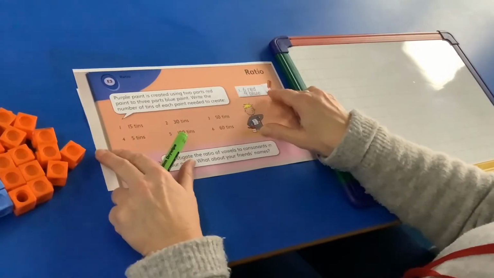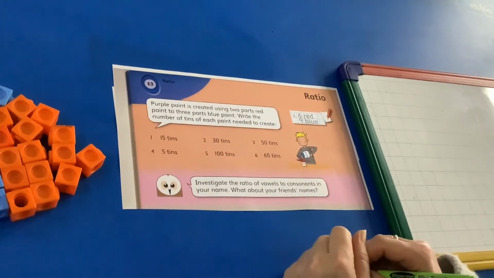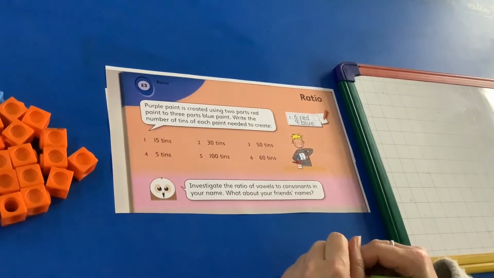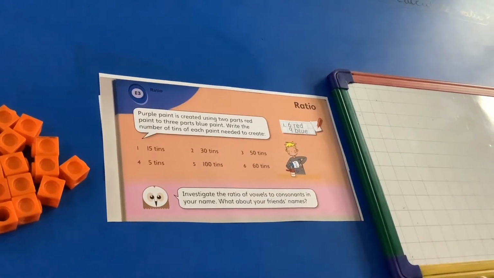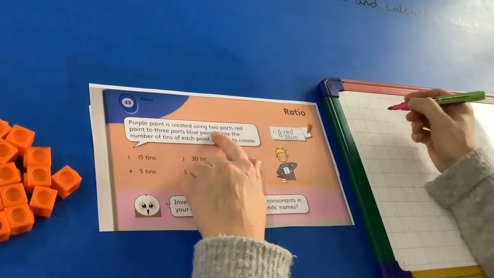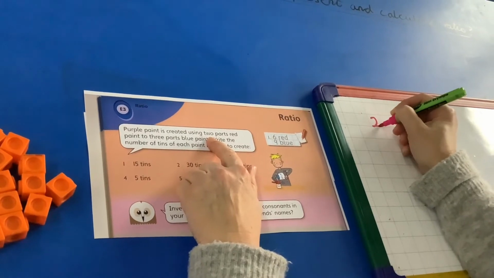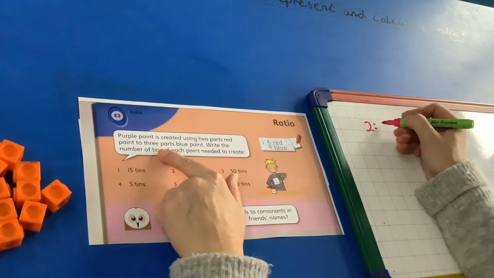This is about mixing paint, and we've got red paint and blue paint because the colour that they want is purple. So to make this purple paint, they're going to use 2 parts red and 3 parts blue.